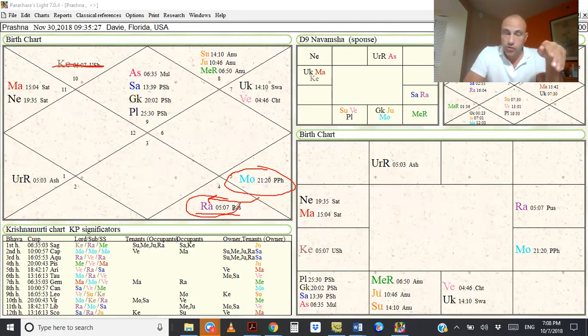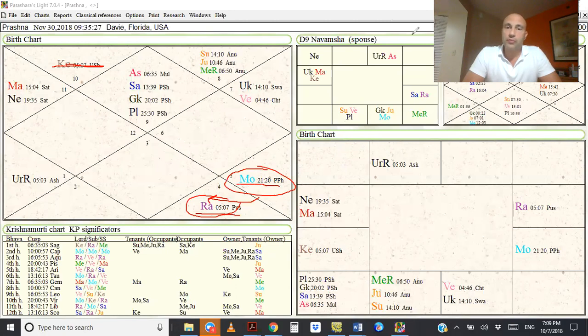So Rahu has traveled backwards 25 degrees, whereas the moon has only traveled 21 degrees. You see that? So for this technique, we're going to take Rahu as the AK, the Atmakaraka. Now, some don't use Rahu for Atmakaraka for other things, but for this technique, you can use it. Or if you don't want to use it, then you would default to the moon, and that's perfectly fine, okay?